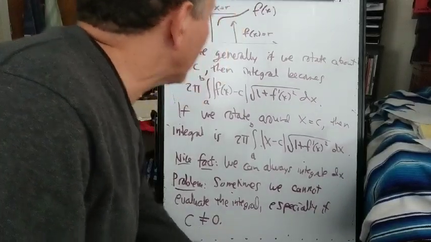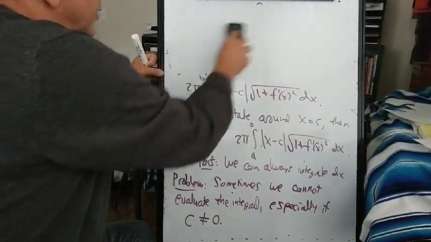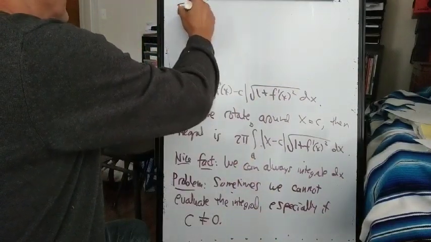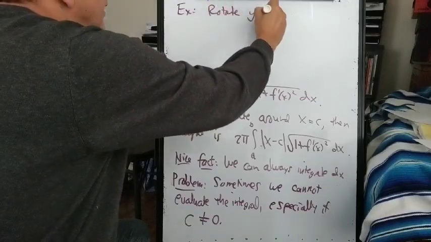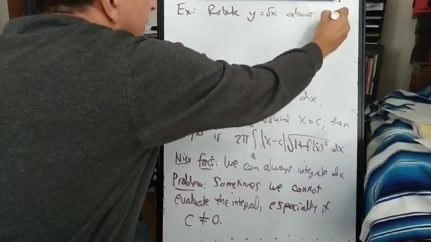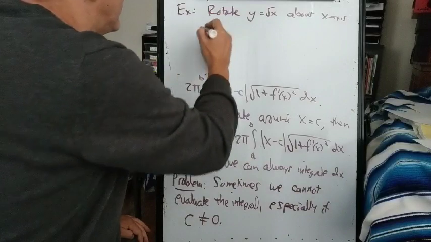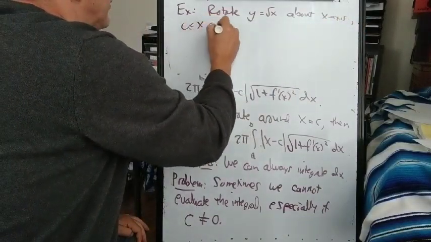So for example, let's look at y equals square root of x. Let's rotate y equals square root of x about the x-axis. And let's do this for x between 0 and 4.